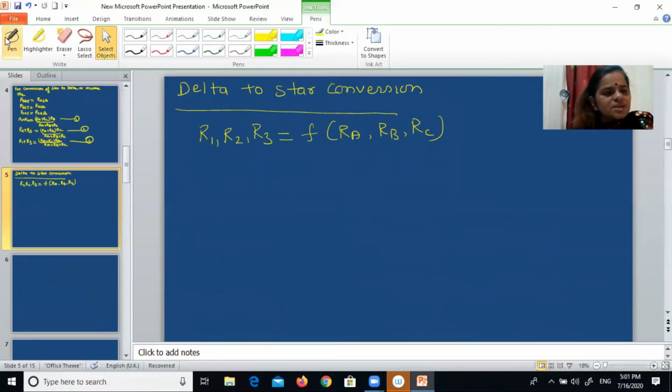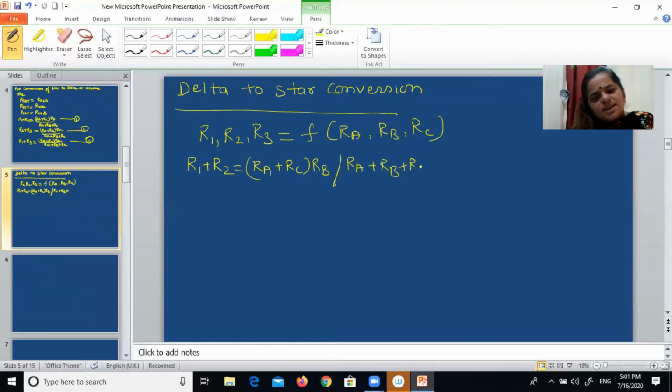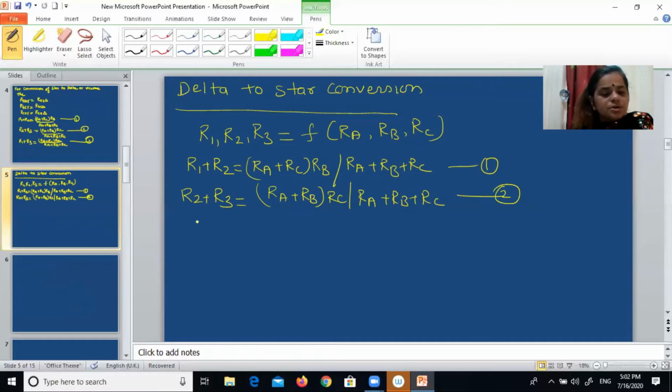Equation 1 is R1 plus R2, that is equal to RA plus RC multiplied by RB divided by RA plus RB plus RC. Equation 2 is R2 plus R3, and this is RA plus RB multiplied by RC divided by RA plus RB plus RC. This is equation number 2.